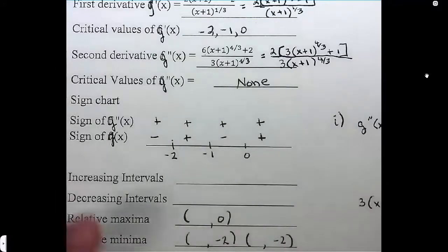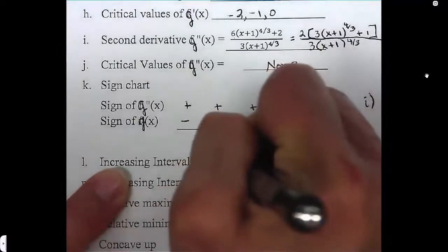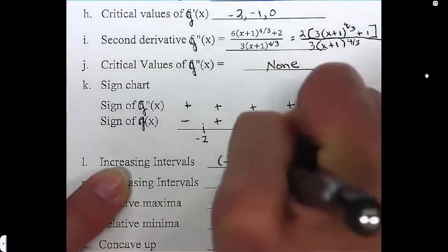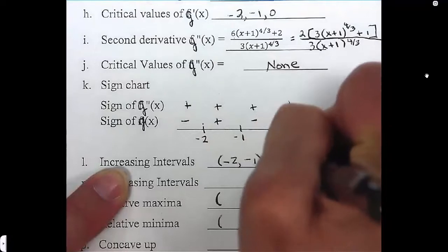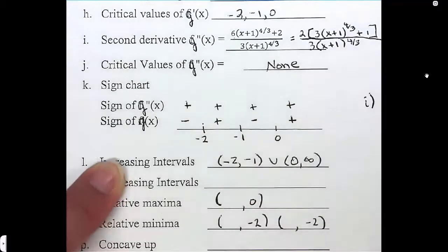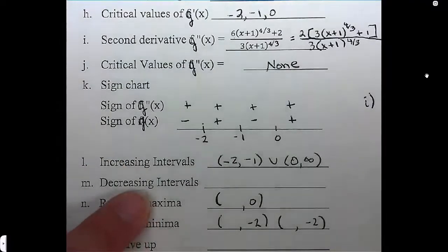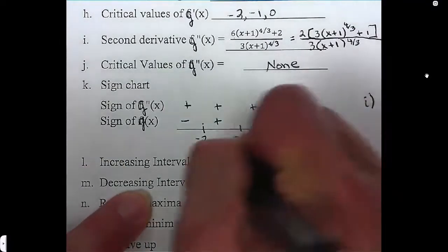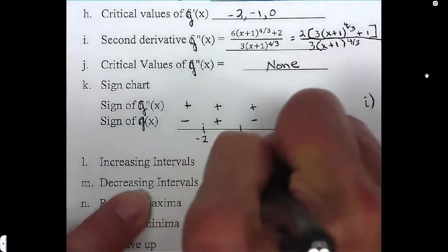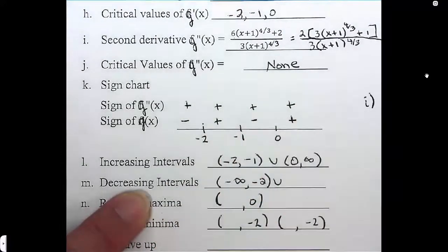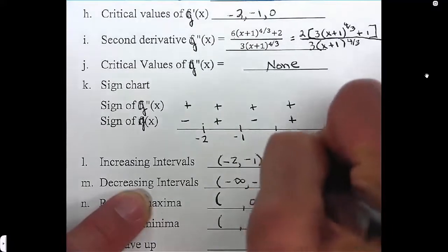Tell me the increasing intervals for that function. Negative 2 to negative 1 and 0 to infinity. And then tell me where the function's decreasing. Negative infinity to negative 2 and negative 1 to 0.